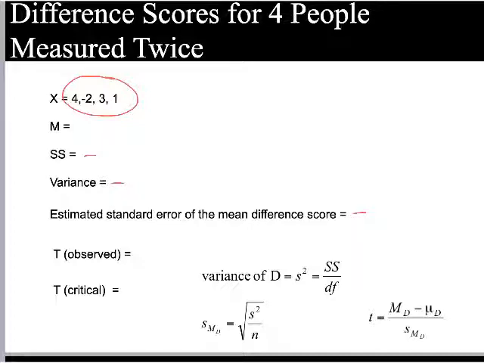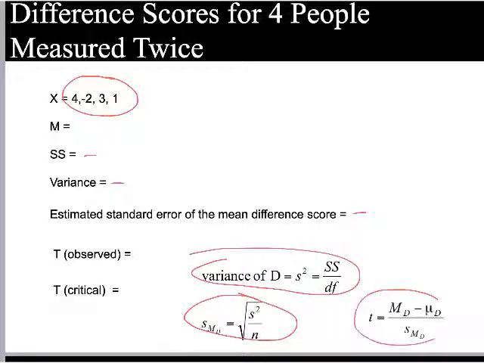Got the estimated standard error of the mean difference score. Here's your variance formula, here's your estimated standard error formula, and then here's your t observed formula. And then you could also derive the t critical, keeping in mind that n in this case is the number of individuals. The number of individuals is 4. There are 8 data points leading to these different scores, right? But it's the different scores we're interested in. So the number of different scores is 4. Degrees of freedom is 3. So go ahead and see if you can work through this, and then pause the video, and then in the next slide, reveal the answers and work through each of these.